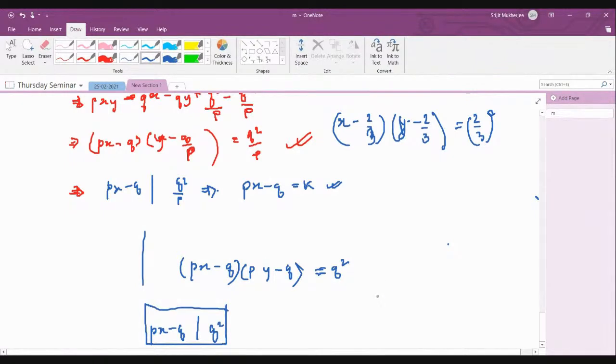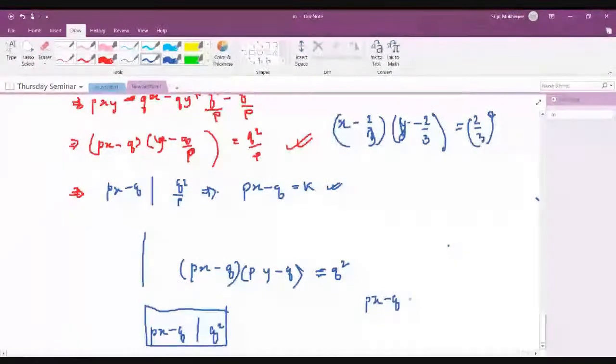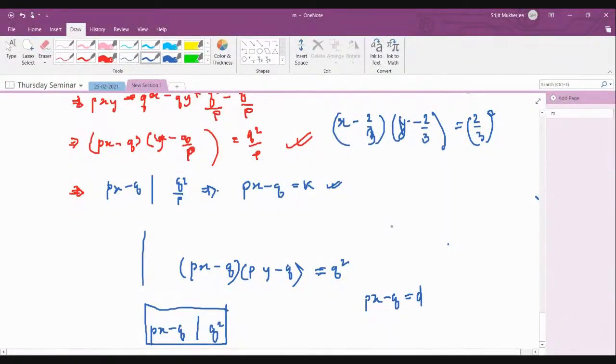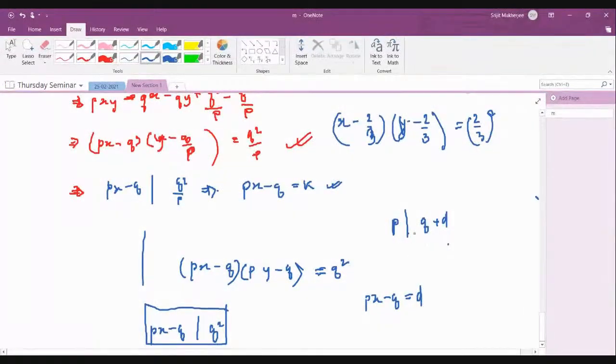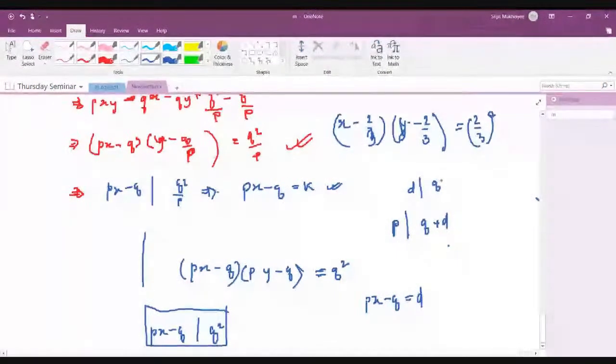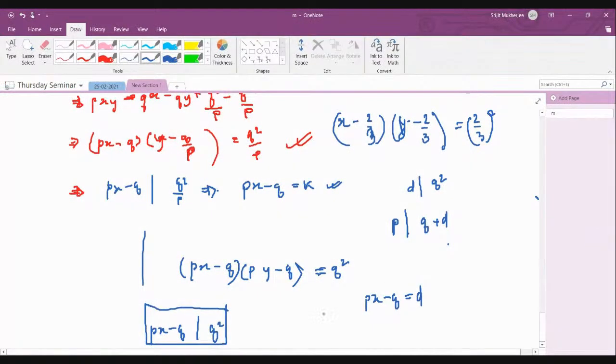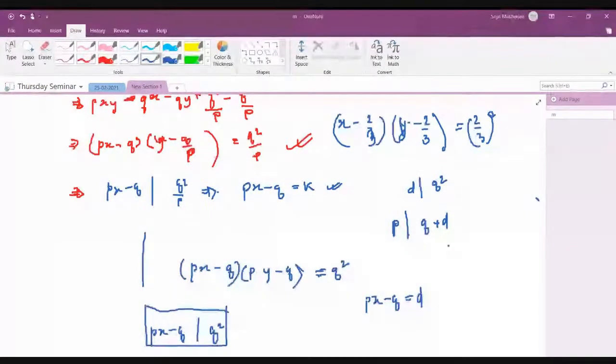So what we get is that px minus q is equal to d. So p divides q plus some divisor of q square. This makes sense. Yes, this makes a lot of sense.